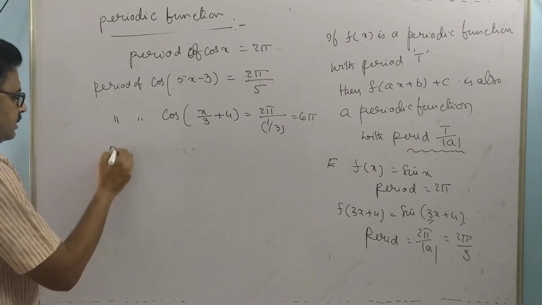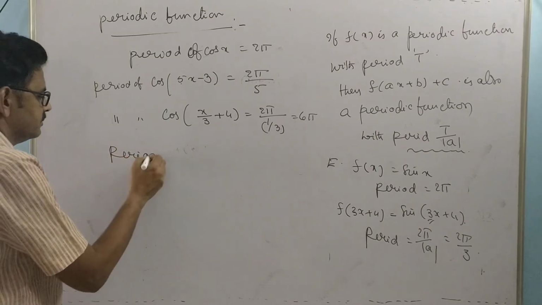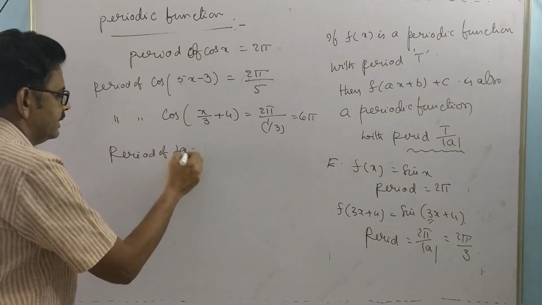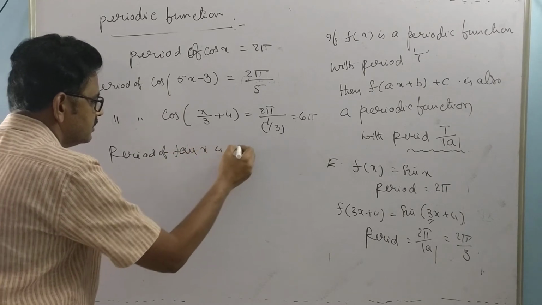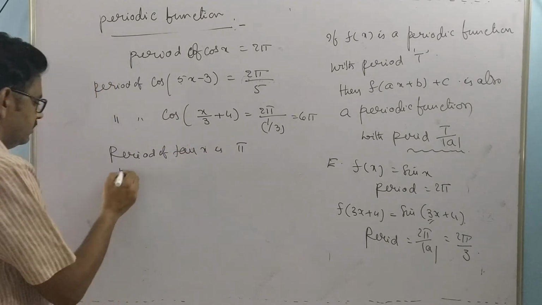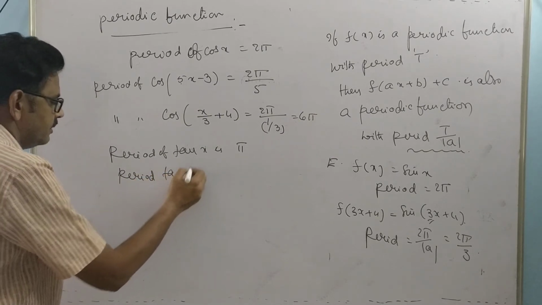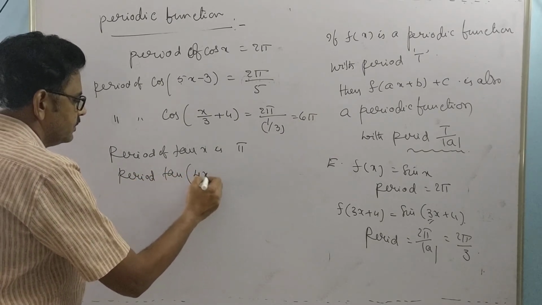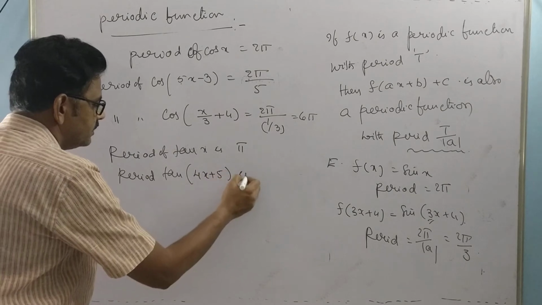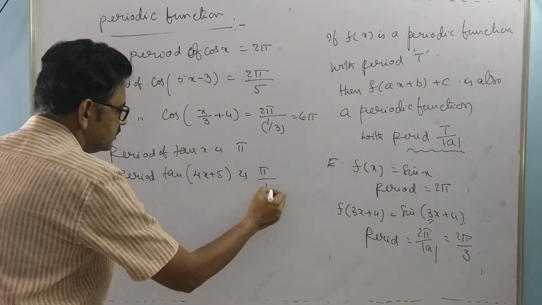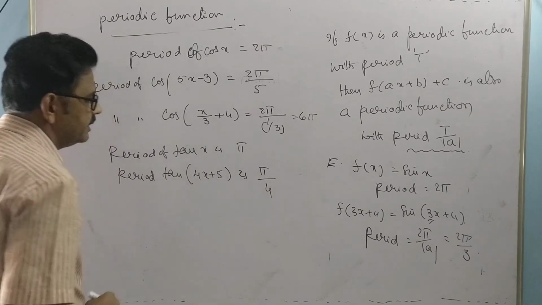Next, the period of tan x is pi. Now, the period of tan of 4x plus 5 is pi by mod a, where a is 4.